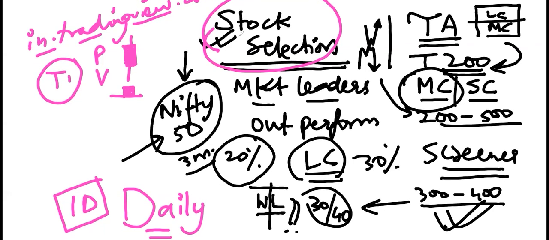So the idea here is to make sure that the stock selection which we do is generally only those stocks which have a very good momentum.